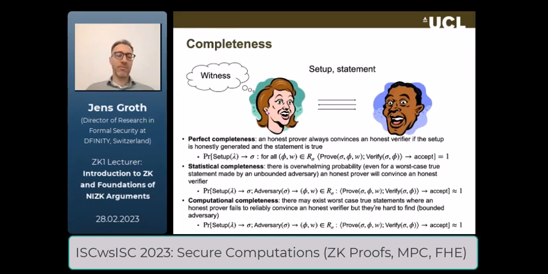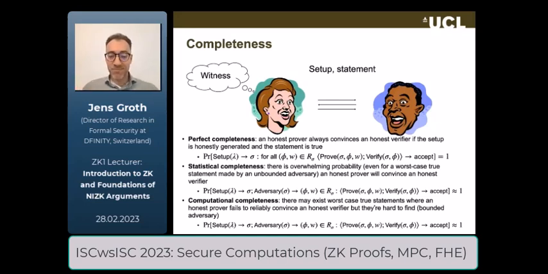You can also relax this definition and still get some very useful zero-knowledge proofs. Statistical completeness just says that there's overwhelming probability that the prover will convince the verifier. Imagine you have a worst case statement, maybe some unbounded adversary.